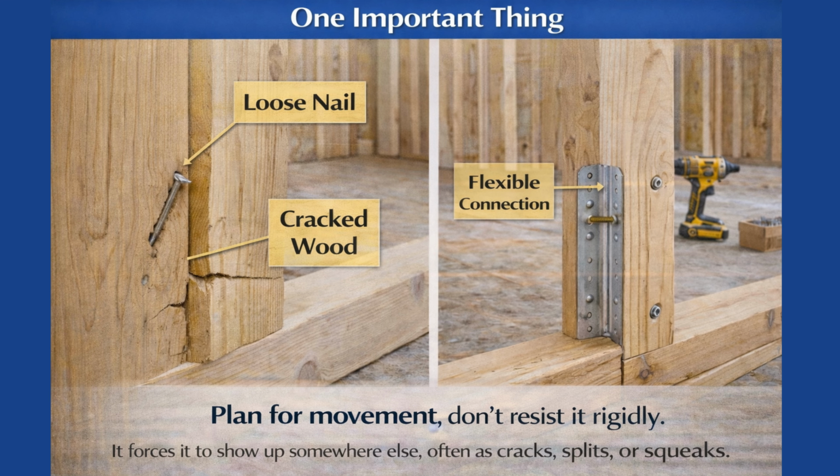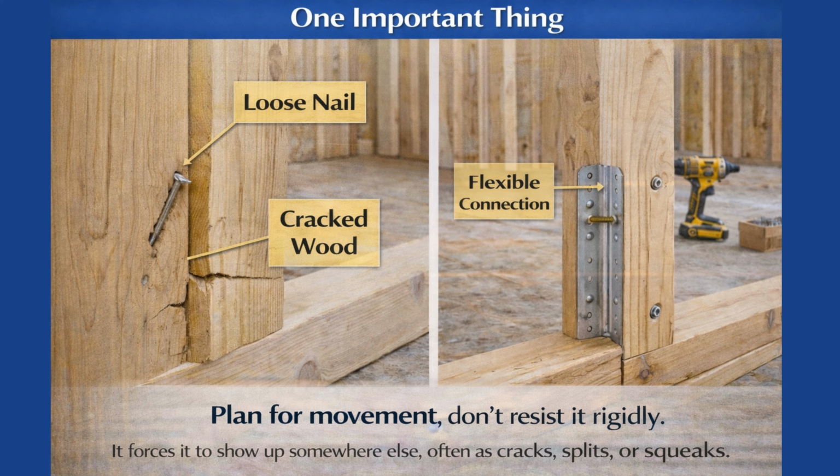Fasteners do not stop wood movement. They redirect it. As wood dries and shrinks, nails loosen, screws lose clamping force, and connections shift. This is expected. Professionals choose fasteners and connection details that tolerate movement instead of resisting it rigidly. Over-restraining a moving assembly does not eliminate movement.